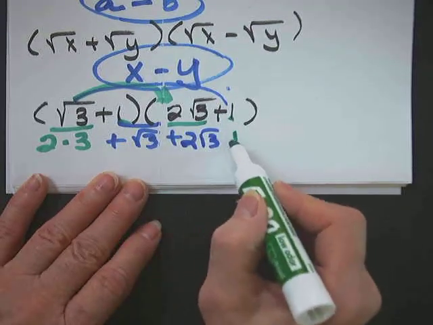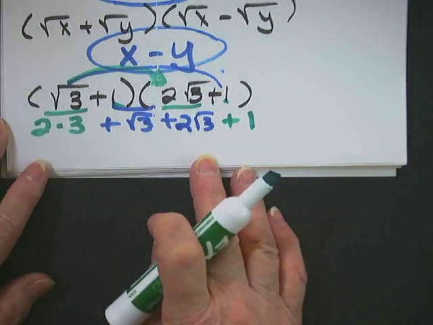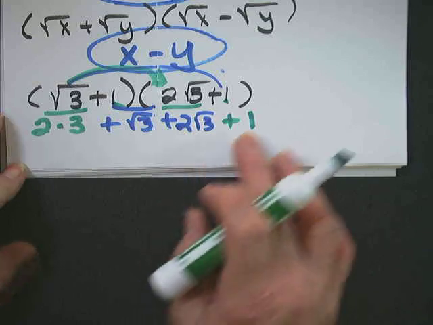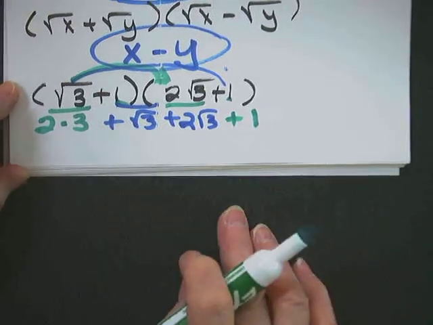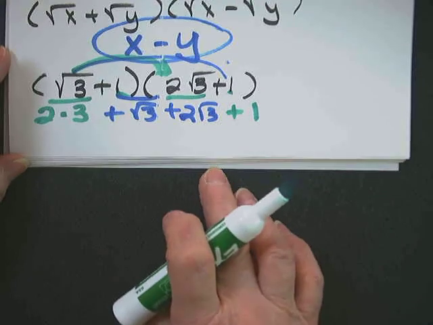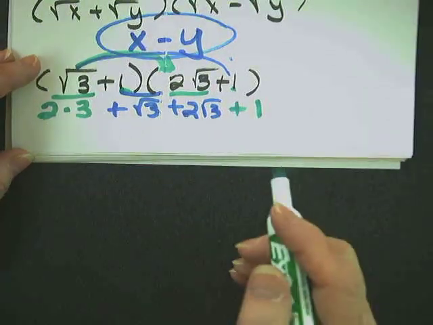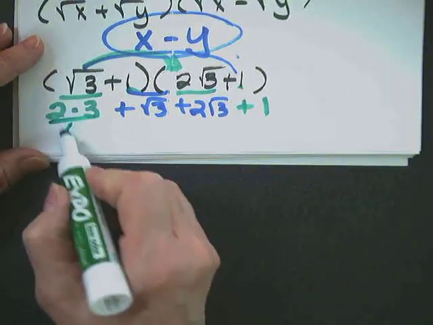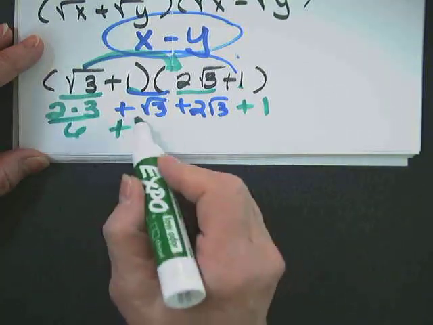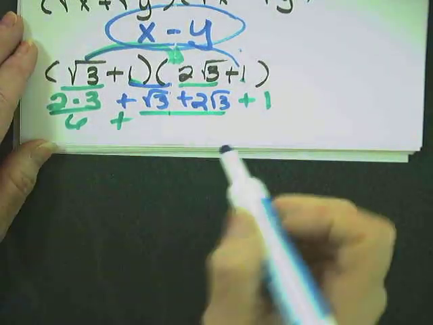Okay? First times first. This times this, 2 times 3. I'm going to change colors. Outside, 1 times square root of 3, plus square root of 3.